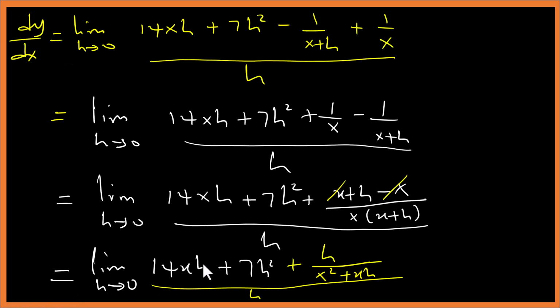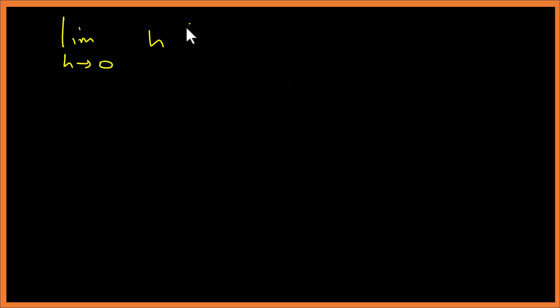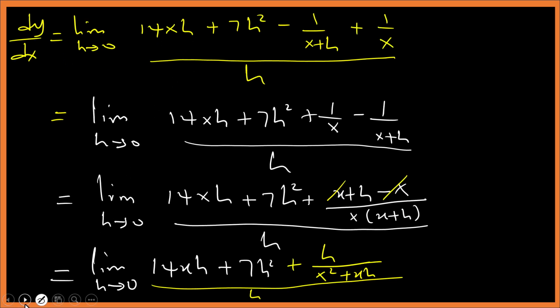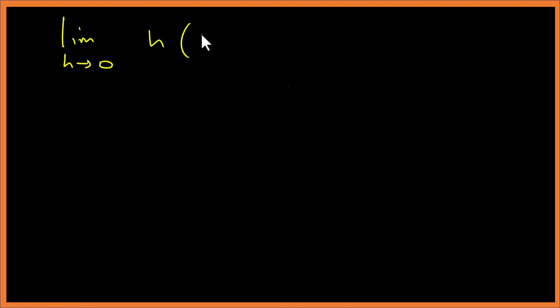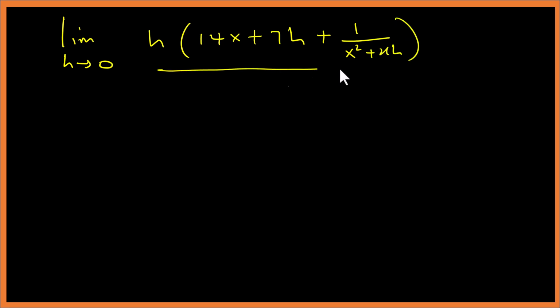So we bring h out: h of 14x plus 7h, plus 1 over x squared plus xh, all over h.